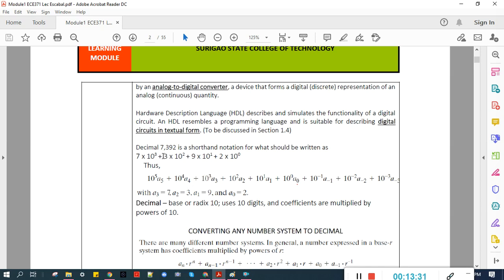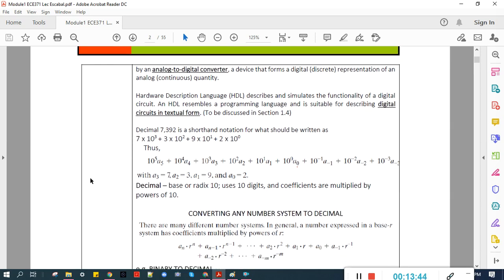And then a2 is 3, a1 is 9, then a0 is 2. We don't have a decimal point or digits after 7392, so we don't have a sub -1, a sub -2, and so on.